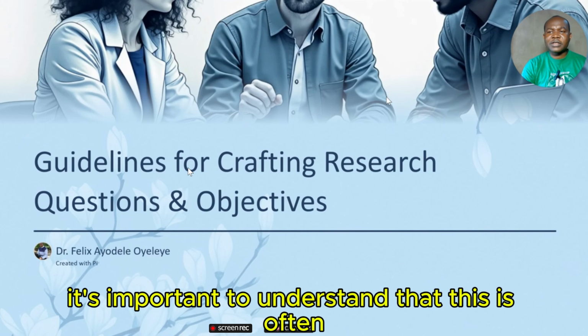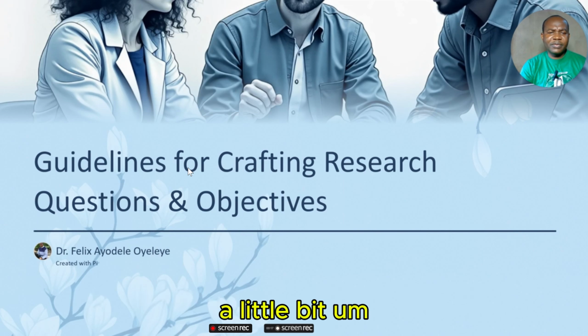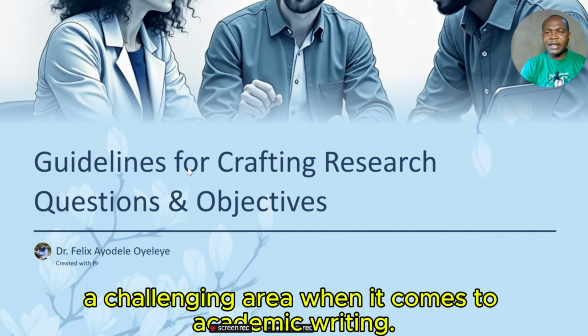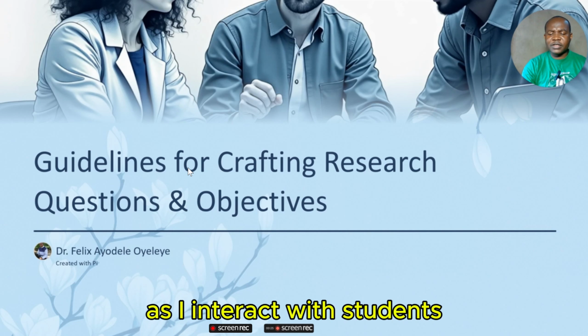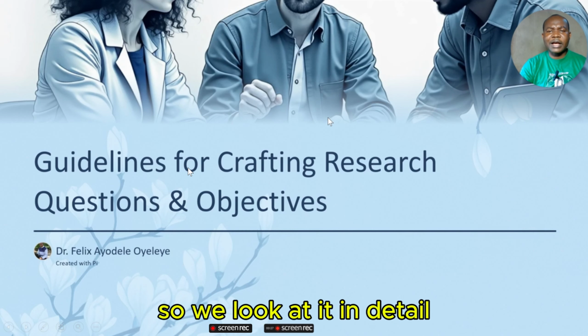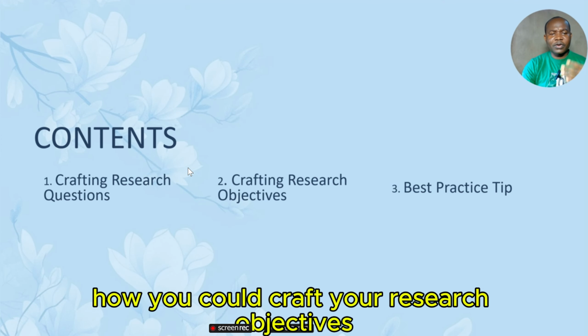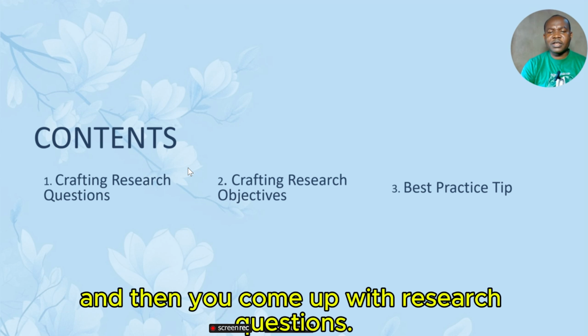And it's important to understand that this is often a little bit challenging area when it comes to academic writing, from my personal experience as I interact with students. So we look at it in detail, how you could craft your research objectives, and then you come up with research questions.